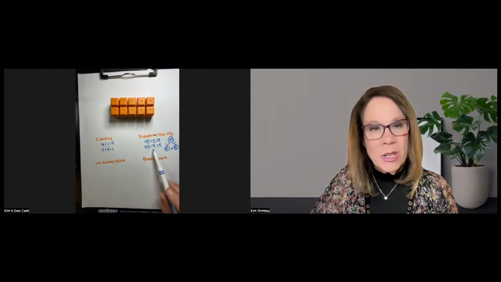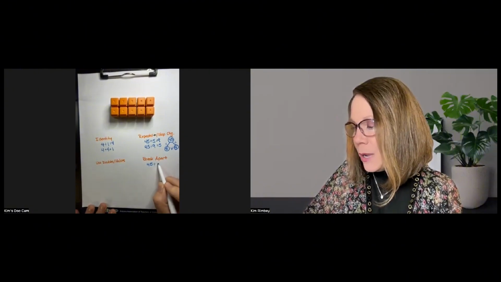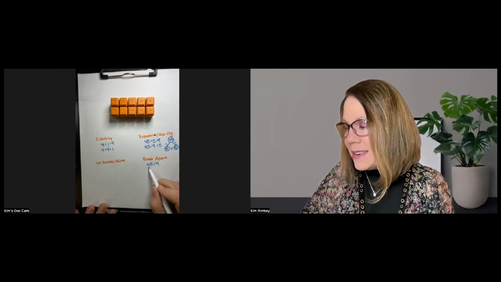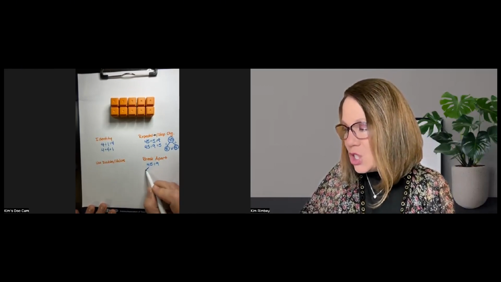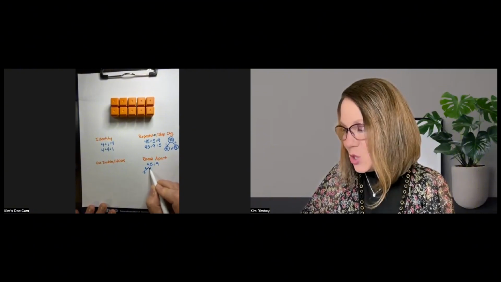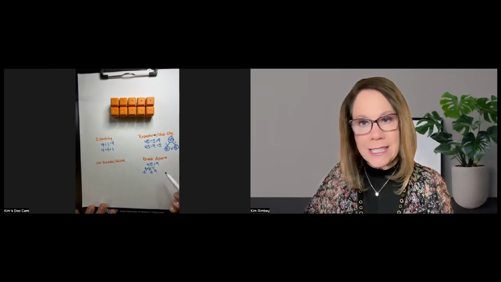So what we might want to do, if we had 45 divided by 9, is lean into the break apart idea. I might know that 9 times 2 is 18, and 9 times 2 is 18, and I need another 9. So I can see that it took 2, 4, 6 nines, right?